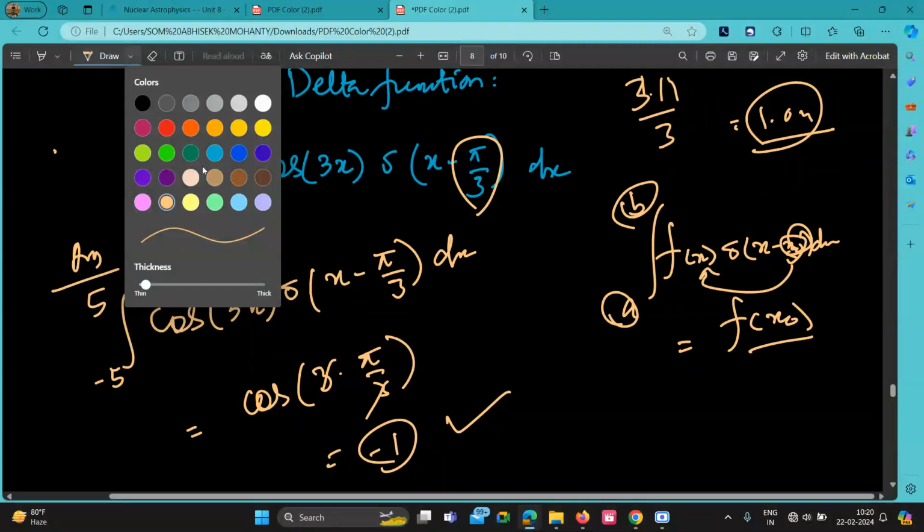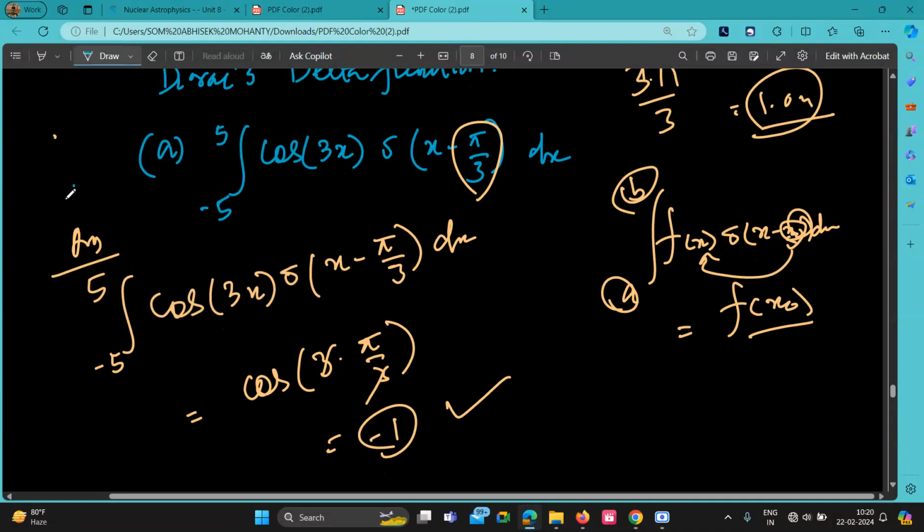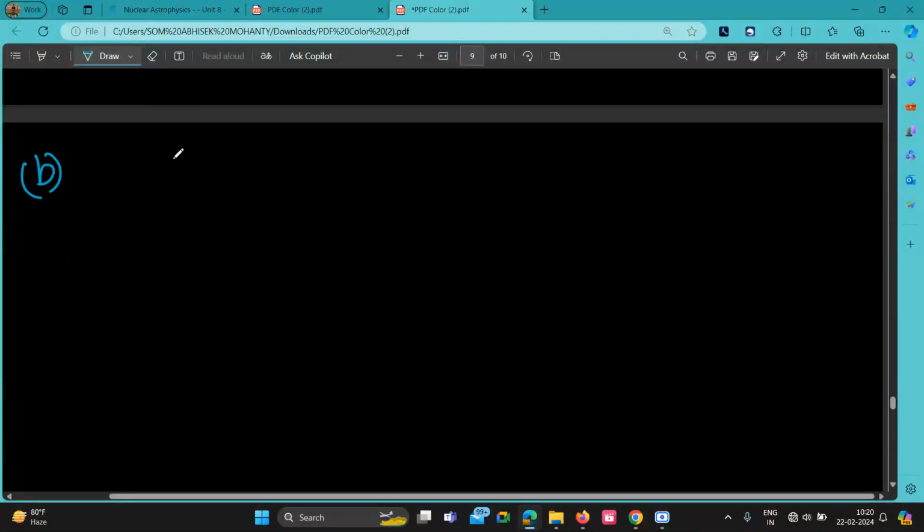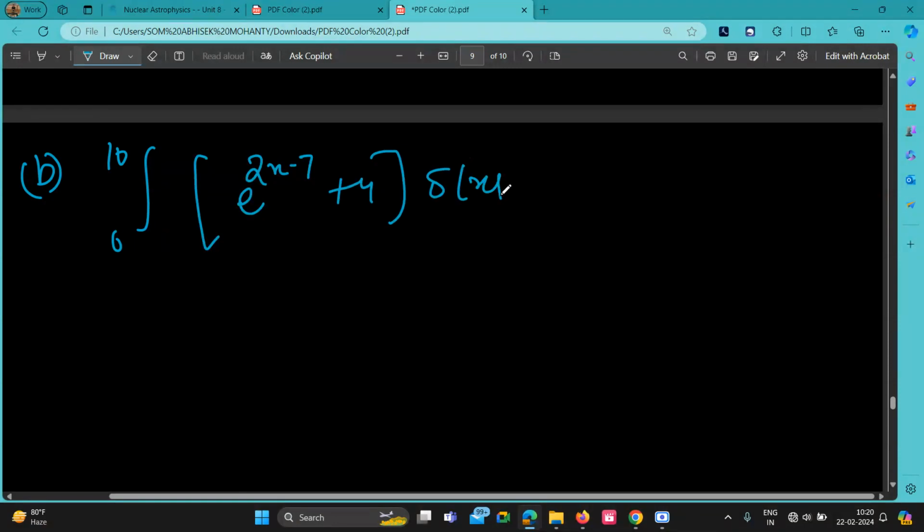Okay, next question. Next question is the integration from 0 to 10 of e to the power 2x minus 7 plus 4, delta x plus 3 dx. Try this question.